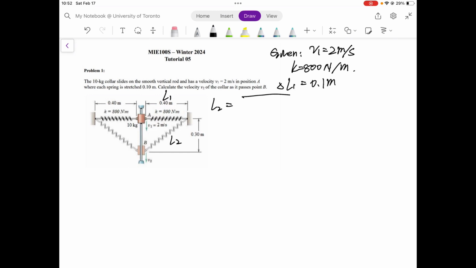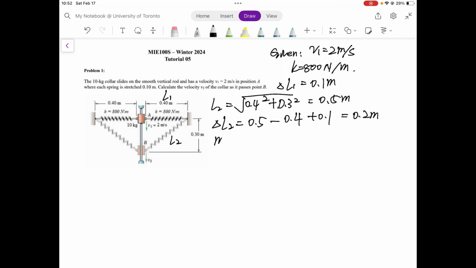L2 is equal to the square root of 0.4 squared plus 0.3 squared, which is equal to 0.5 meter. So the stretch at point B is equal to 0.5 minus 0.4 plus 0.1, which is equal to 0.2 meter.